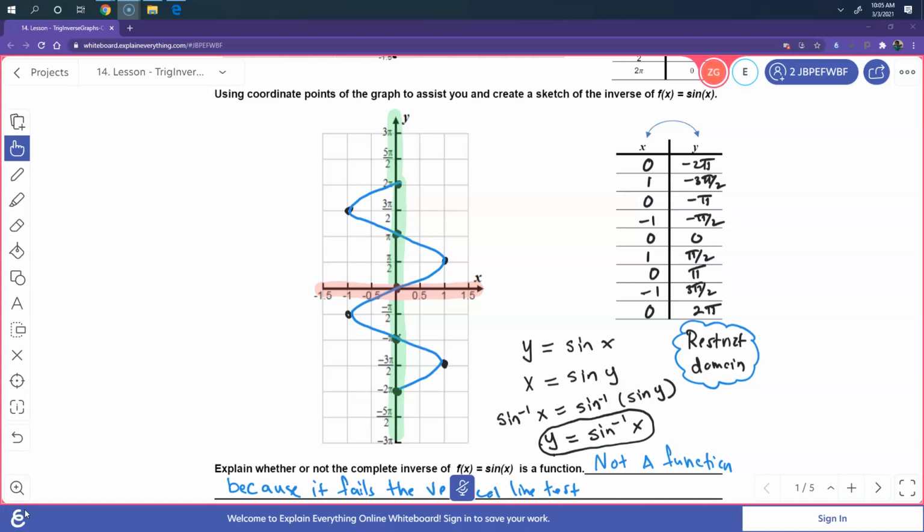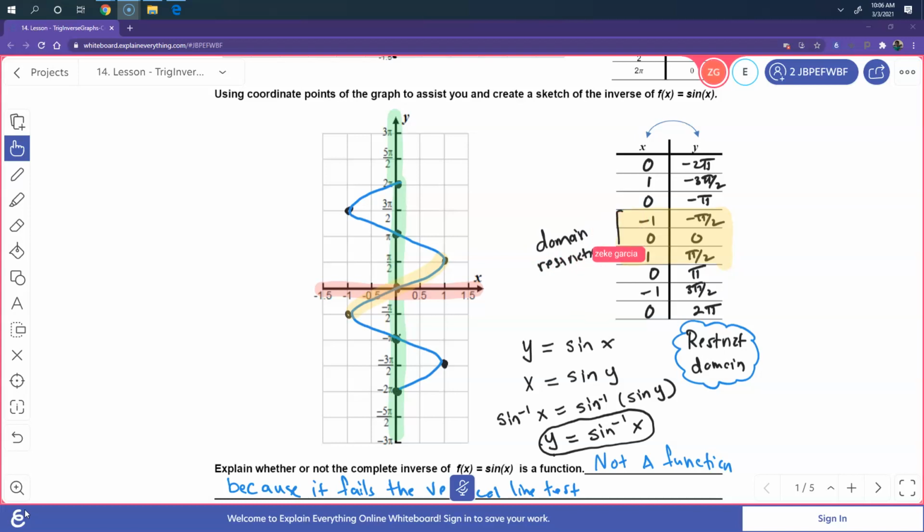So let me go ahead and highlight that. The domain is going to be restricted from negative 1 to 1. That's our domain restriction. So let me make a note there: domain restriction.